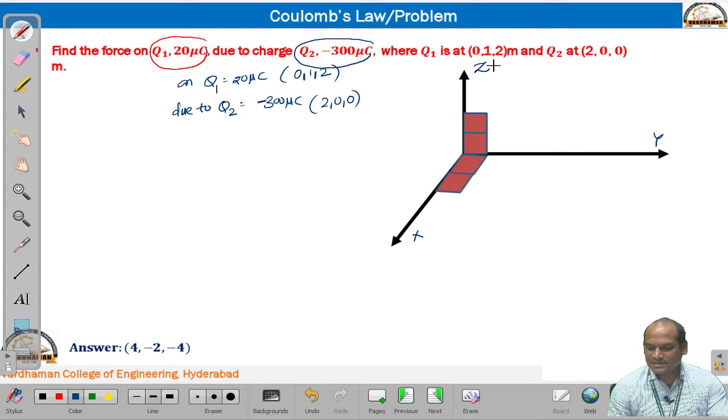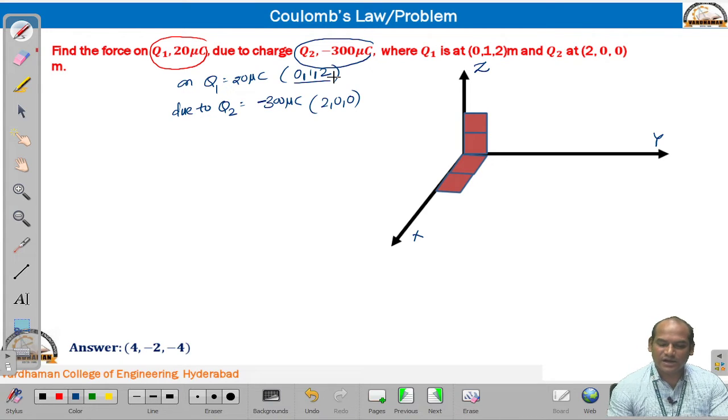The x axis is perpendicular to the YZ plane. Our screen is the YZ plane, and the x axis is coming out of the screen. Now, Q1 is at (0, 1, 2), which means the x coordinate is 0, y coordinate is 1, z coordinate is 2.